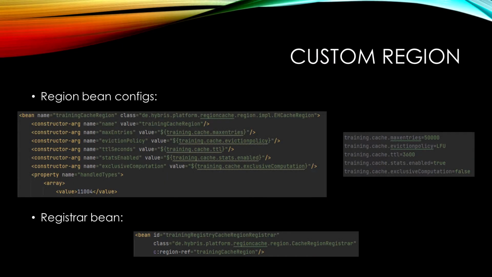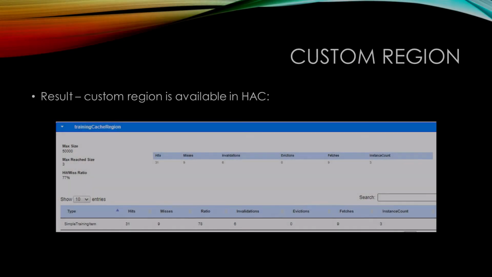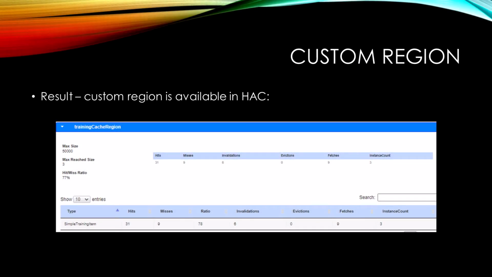Here you can see the region bean definition, the cache region registrar and its properties. In the end, I can see my region in the HAC.